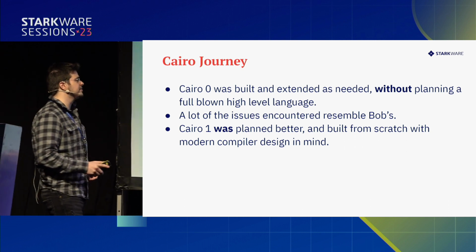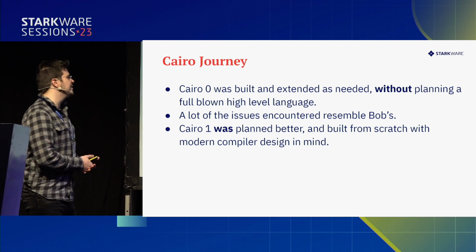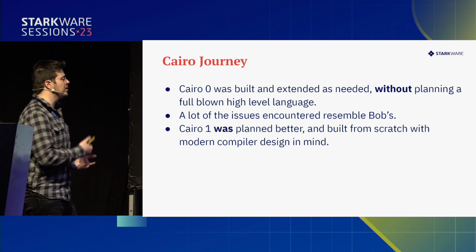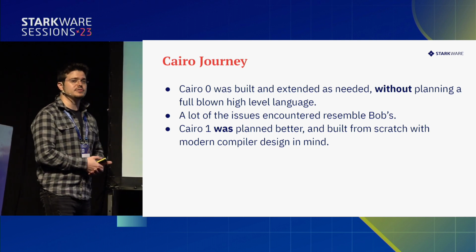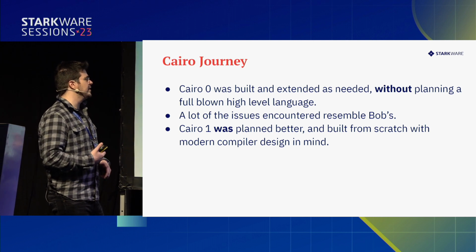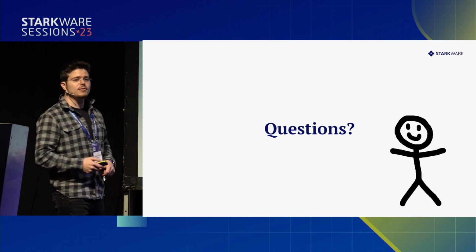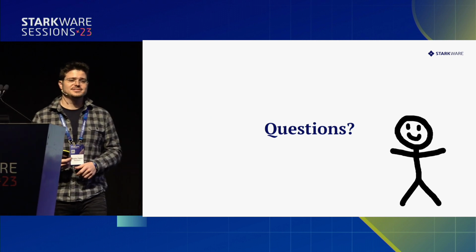Cairo 1 was planned a lot better from scratch with high-level compilation in mind, with modular compilation design, with a language server. So it encompasses a lot of things we learned from our journey. All right. Any questions?